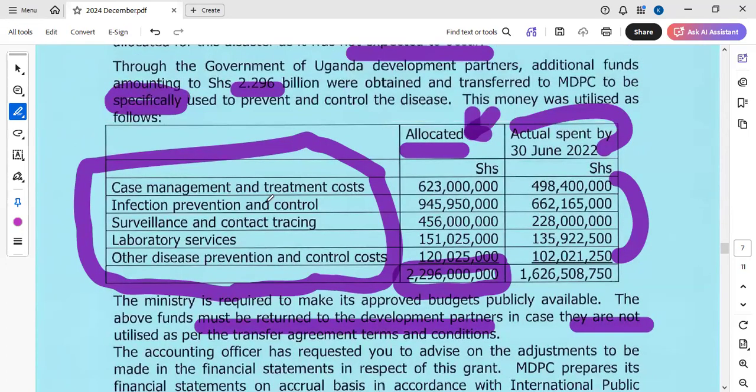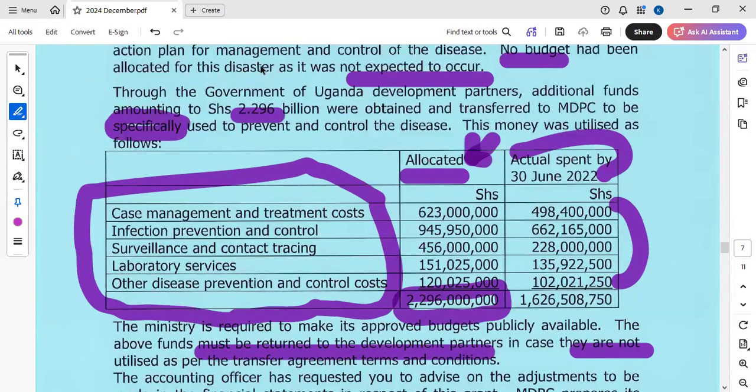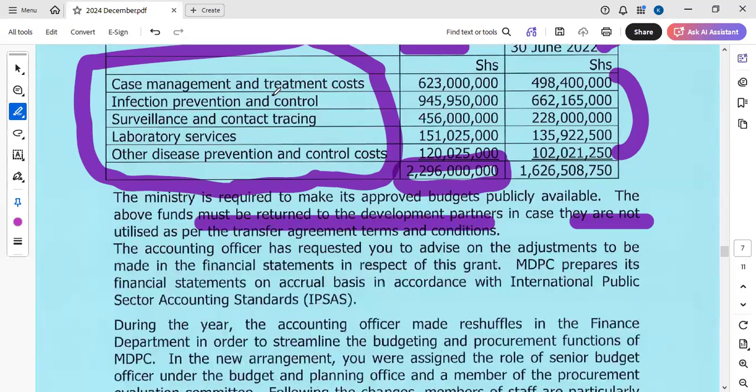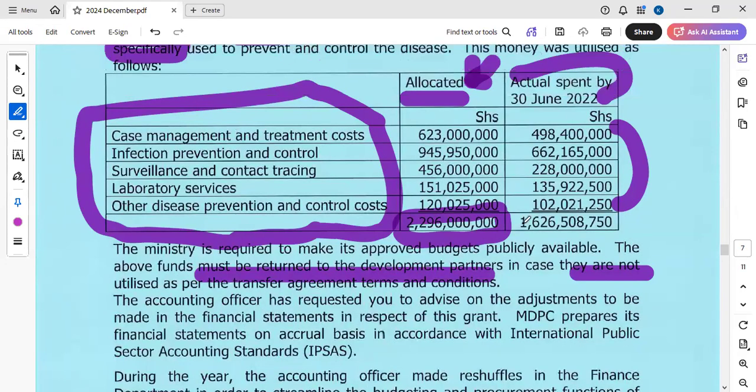If we give you money and you don't utilize it, please return. You can see that the entity only utilized this. There is a balance; we have unutilized funds.